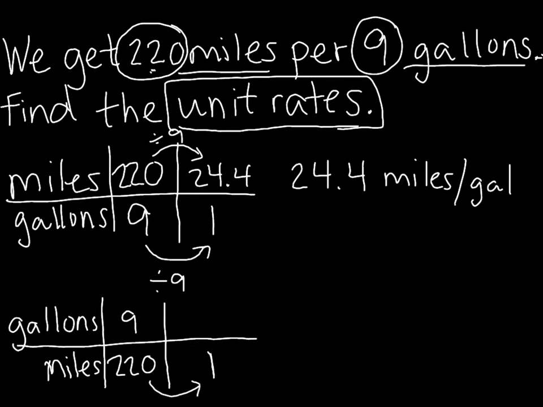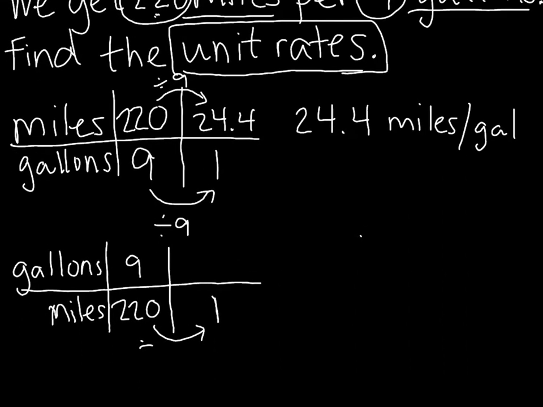And on my calculator again, I would do this to get from 220 to, oops, something happened with my screen here. To get from 220 to 1, I have to divide by 220. So I also want to divide by 220 on the top. 9 divided by 220, this is going to be a little number.